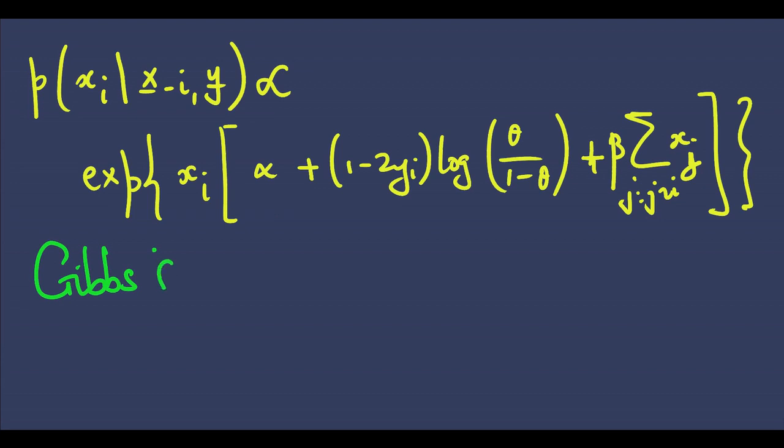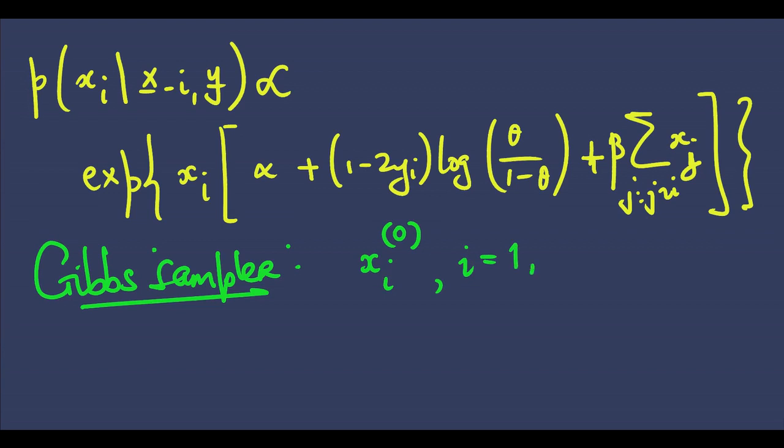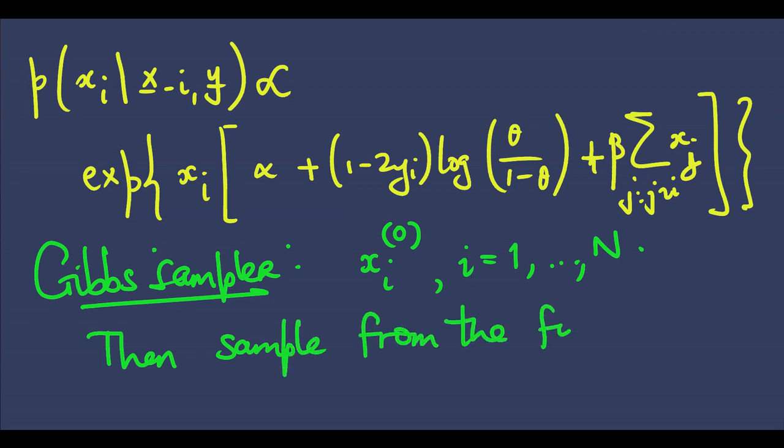So what we can do is begin by initializing the true image. Then we sample from the full conditionals for many sweeps.